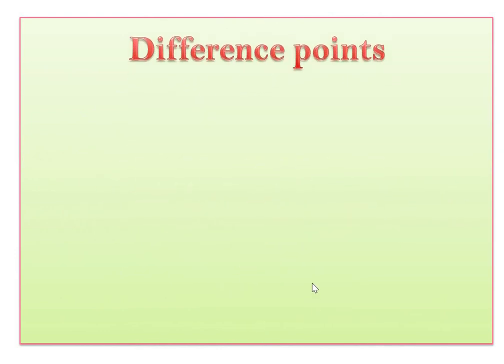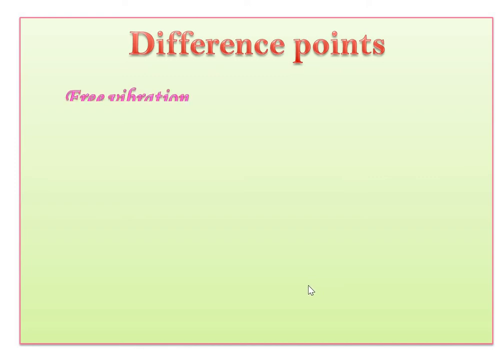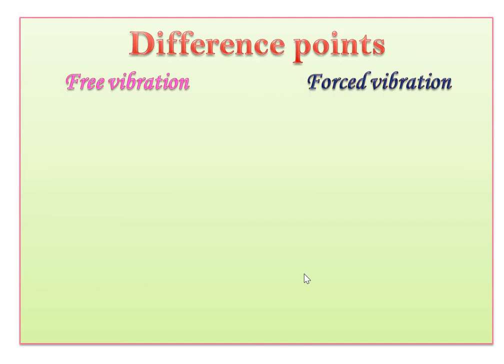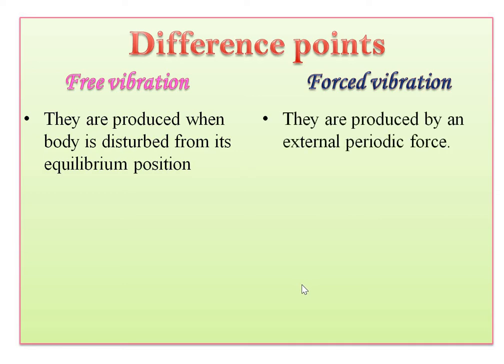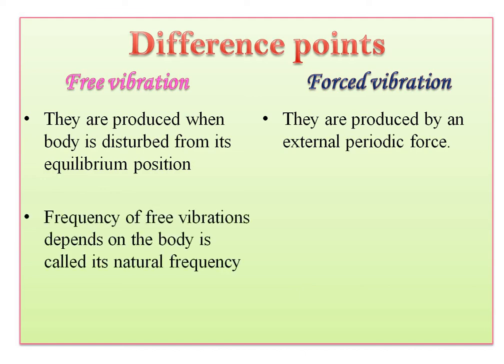Let's see the difference points between free vibration and forced vibration. We know that free vibrations are produced when the body is disturbed from its equilibrium position, and forced vibrations are produced by an external periodic force.